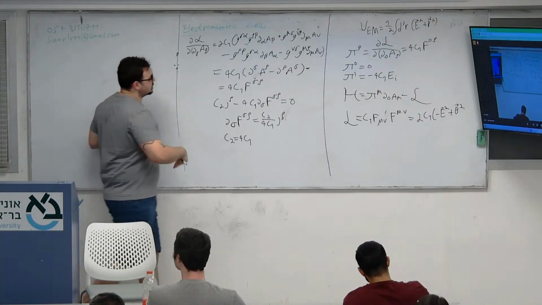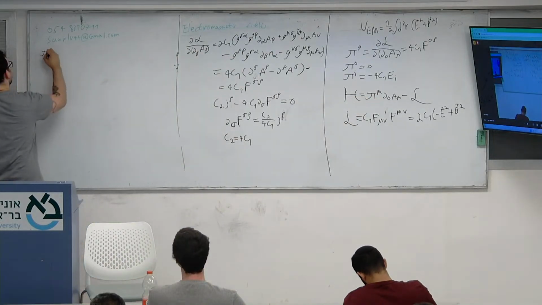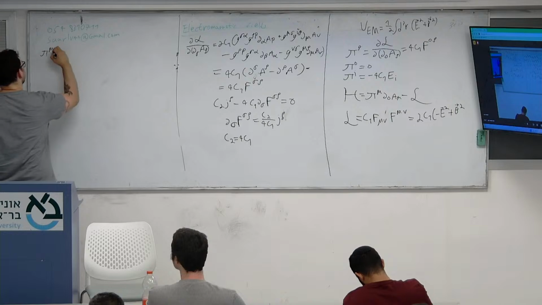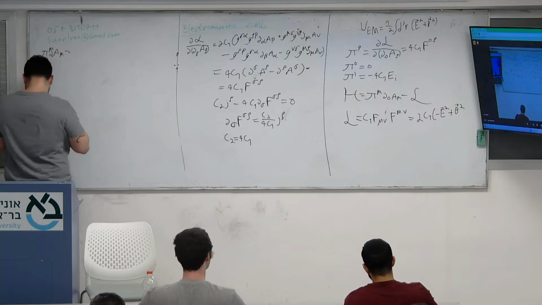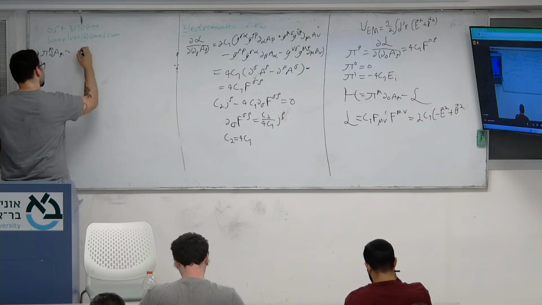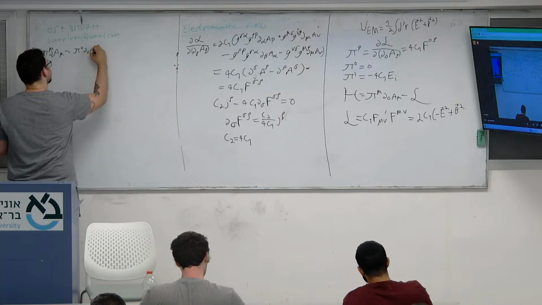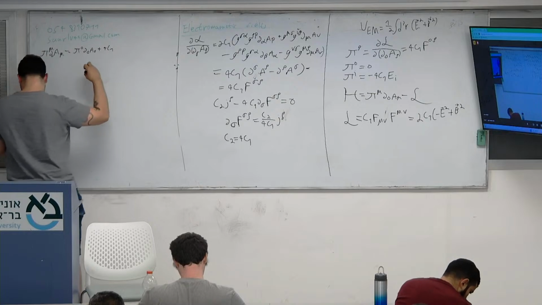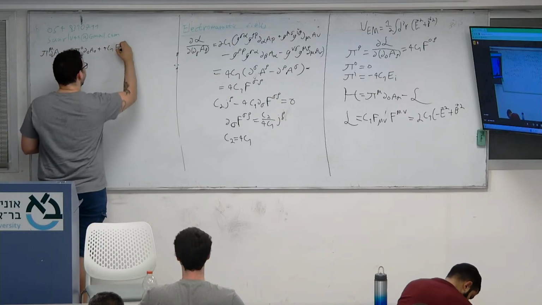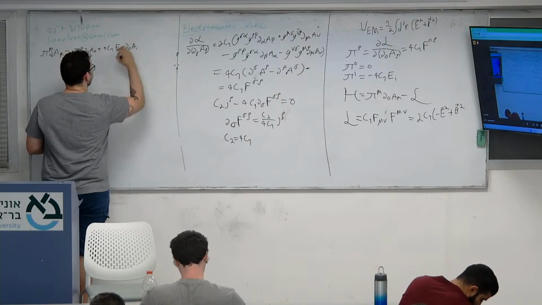Next, the second part of the Hamiltonian, pi mu dou 0 a mu, equal to pi 0 dou 0 a 0 plus 4c1 ei dou 0 ei.